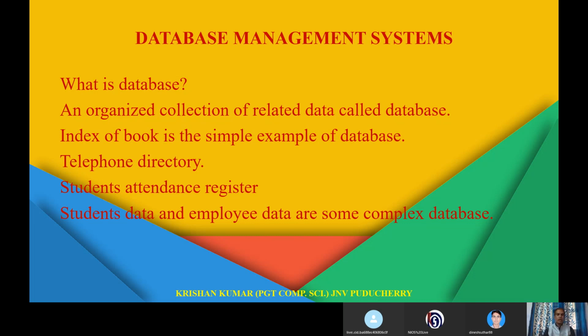So you can see all the complex files are joined together to become a database. The same is there for employee data: employee basic information, employee educational information, and employee salary information, or any kind of information can be stored in our database management system.